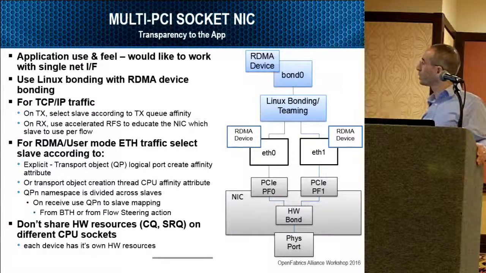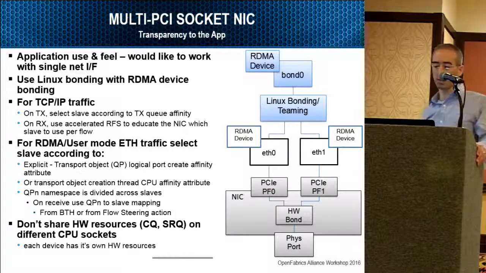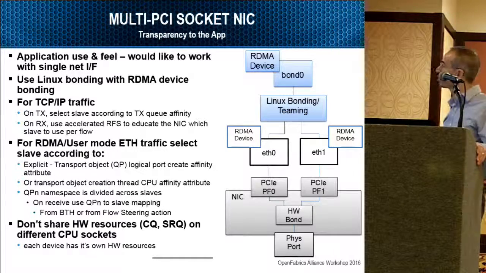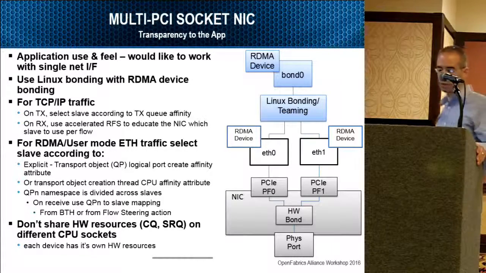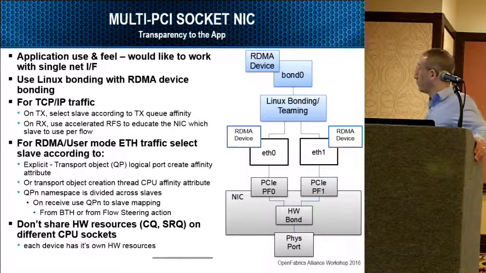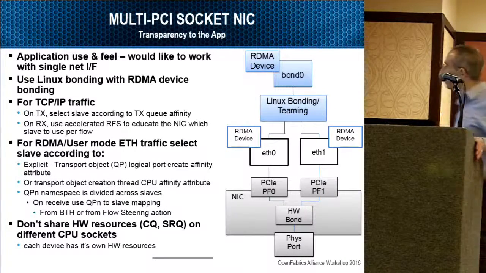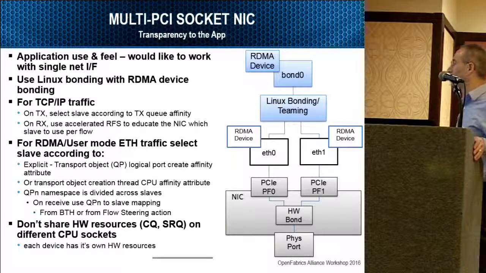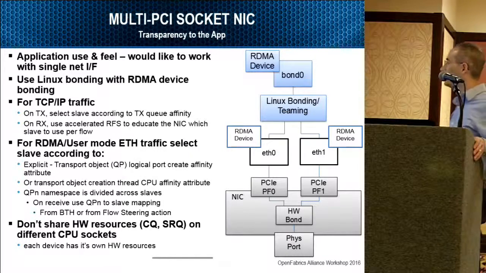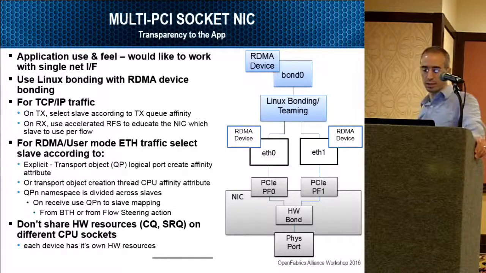So here we can show that we can support such technology also with a single IP, with a single network device that is exposed to the stack through the Linux bonding. We suggest to form the Linux bonding on top of those 2 devices that are associated with the 2 physical functions. Here we have the hardware bond, and we have a single physical port, again, since we are using 2 PCI buses to expose a single NIC.